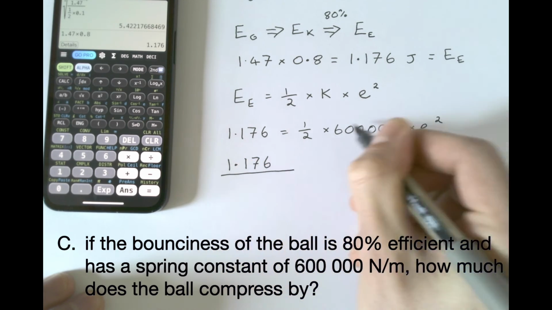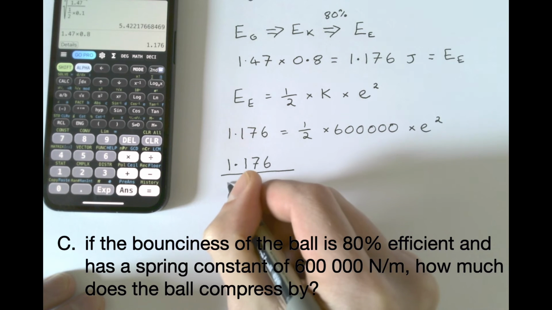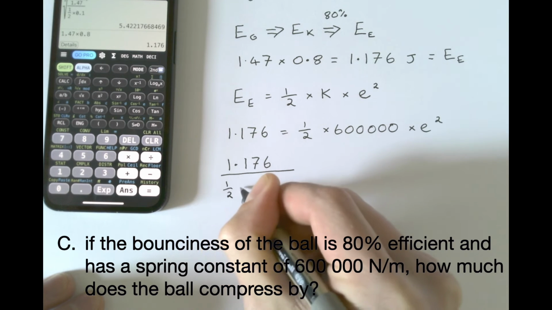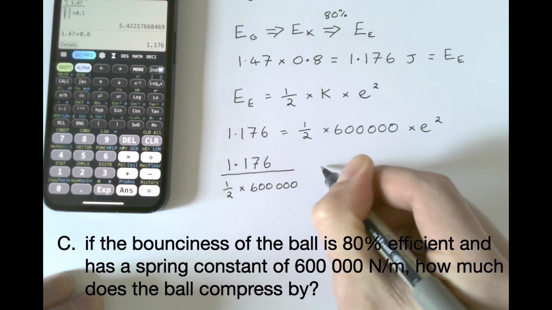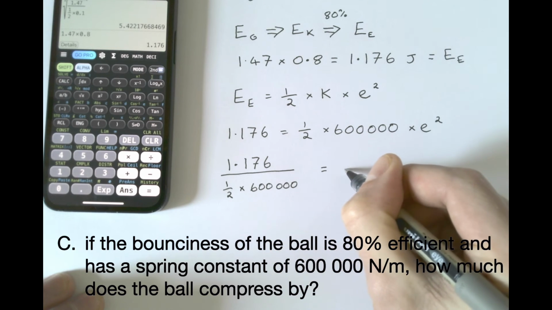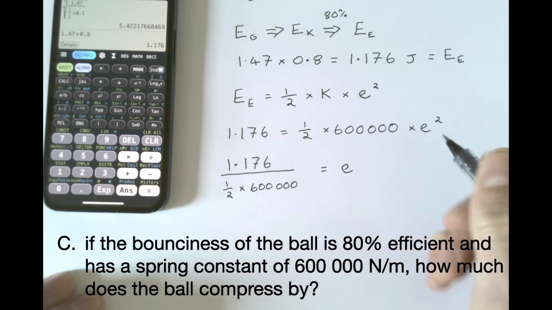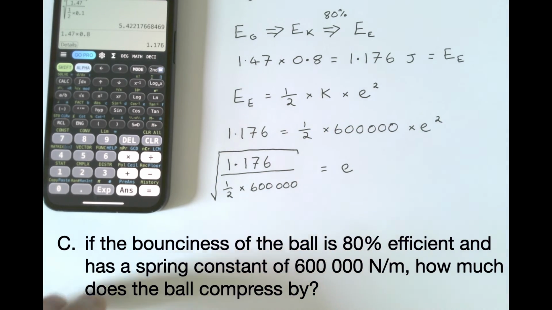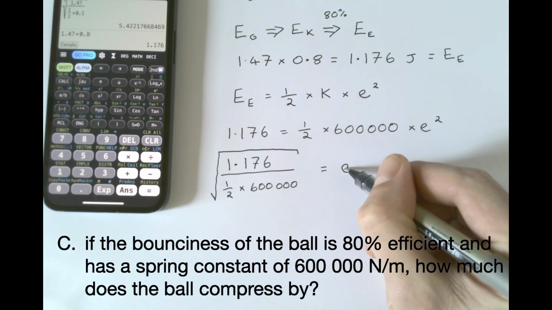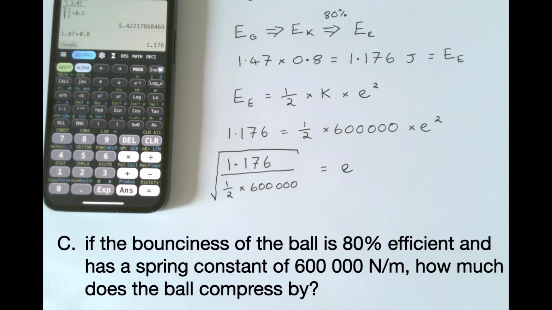We're going to divide both sides by this stuff here. So that gives me 1.176 divided by half times 600,000 equals, well, I could put the extension squared and then square root both sides. I'm just going to take a shortcut and say that I know I want to take the square root of both sides. So that's going to leave me with just the extension on that side and that on that side.